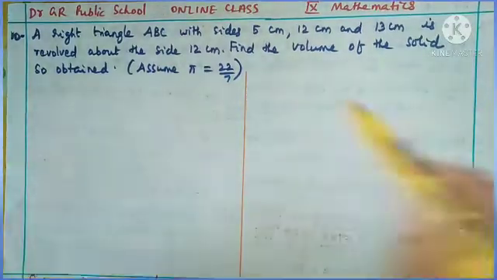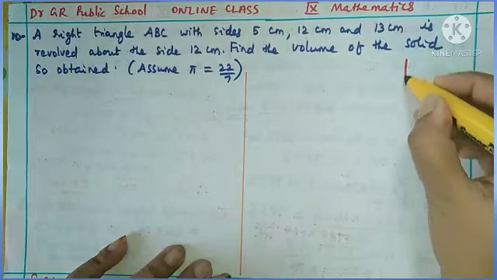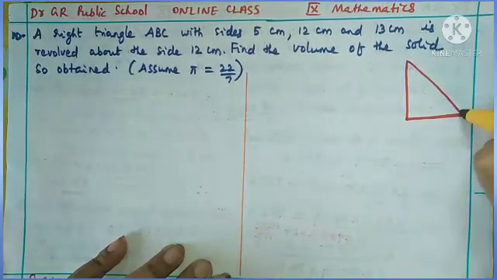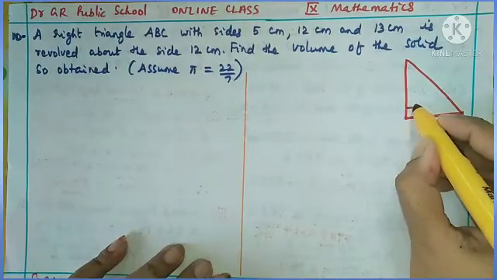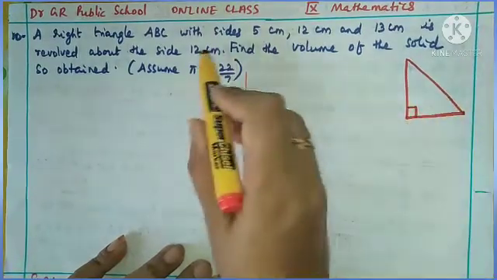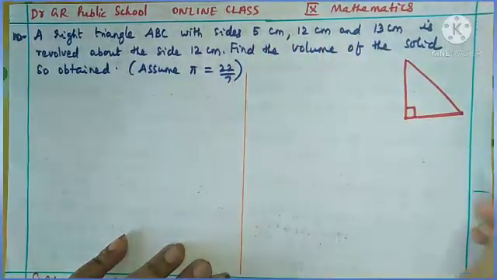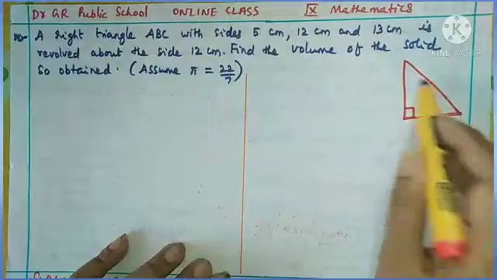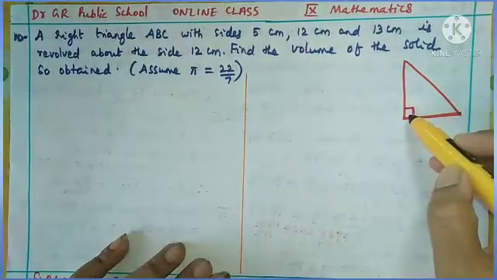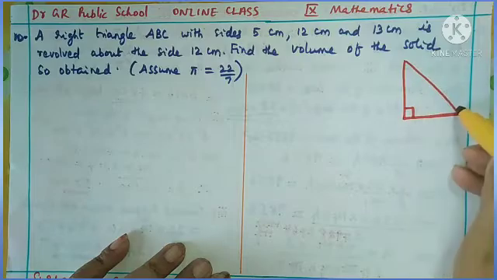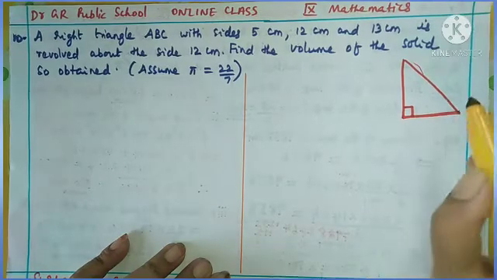You know a right triangle is having one angle equal to 90 degrees. Correct? So let me draw a right triangle now. This angle is 90 degrees and here the given sides are 5 cm, 12 cm, 13 cm. In a right triangle, the side opposite to the 90 degrees is called the hypotenuse, and the hypotenuse is the longest side.